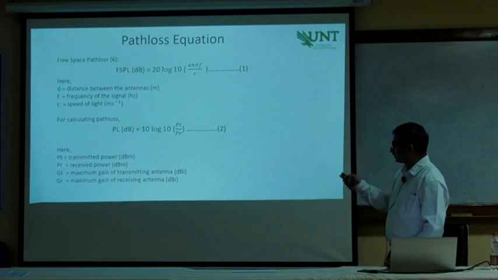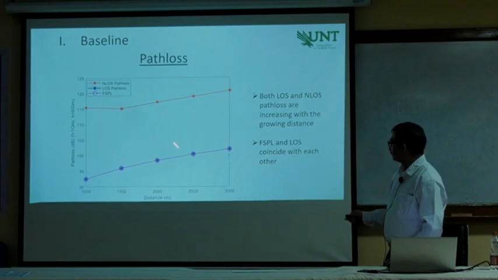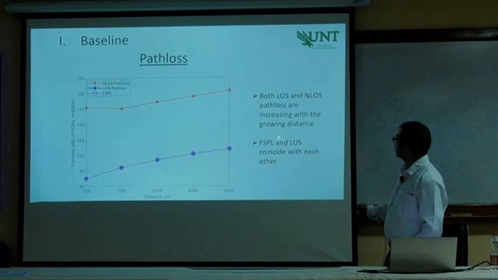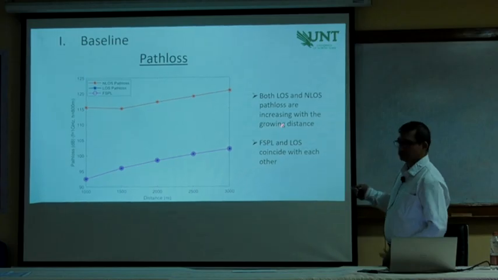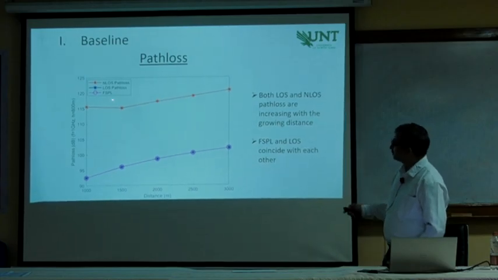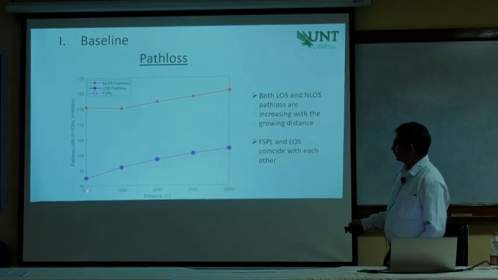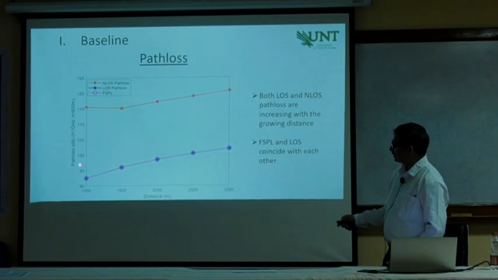Here are the things that we already learned. Free space path loss, and that will be the baseline. Free space path loss is the baseline. This free space path loss is applicable to line of sight. Obviously, this is nothing new. Clearly, what you are seeing here is the free space path loss from the distance between transmitter and receiver, and you are plotting the path loss.